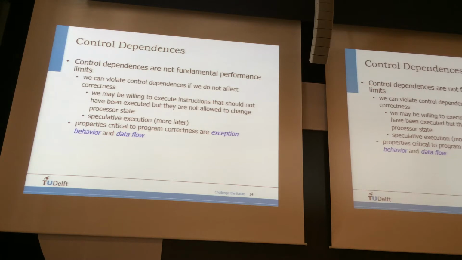The goal is to go faster, but the main goal is to preserve the execution of the program in a proper way, not to damage the control flow, not to damage the data flow. And by no means, because otherwise your application will go in the wrong direction. And we might be able to violate these control things.